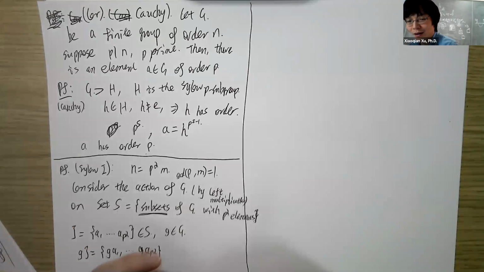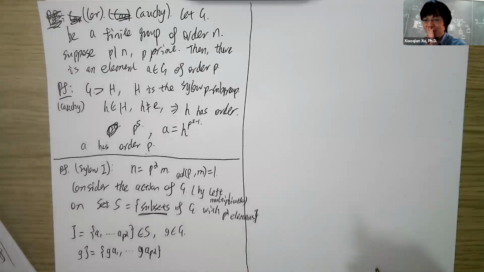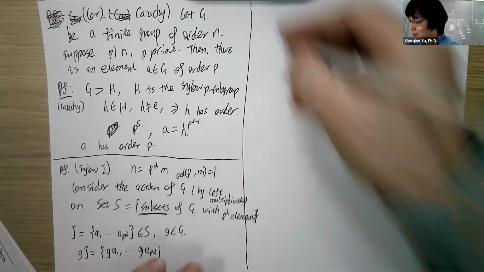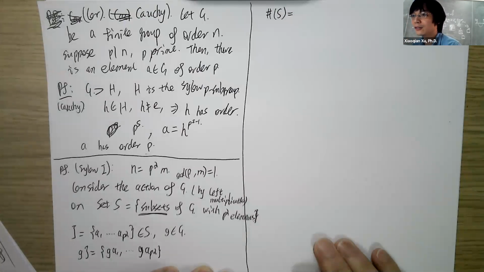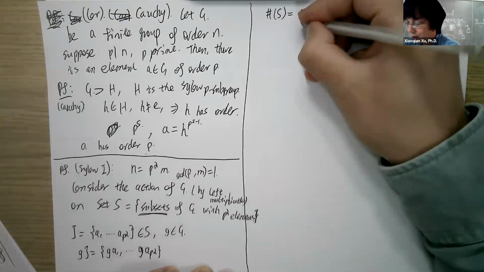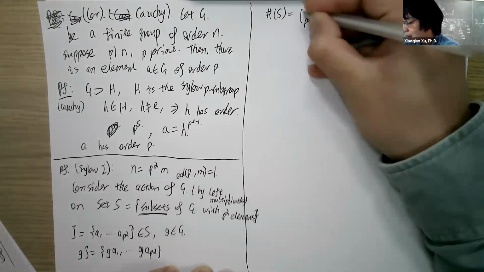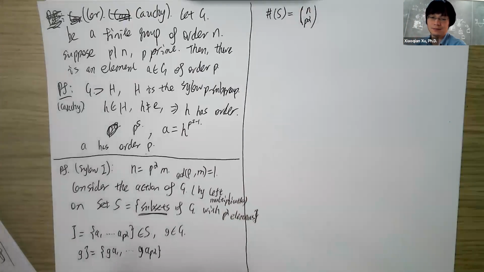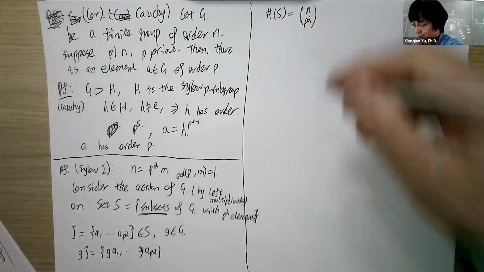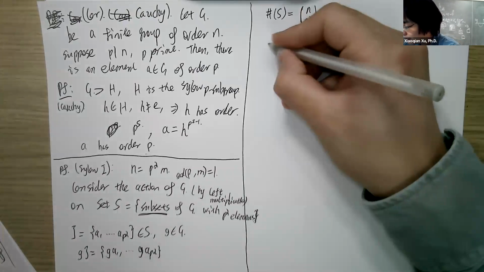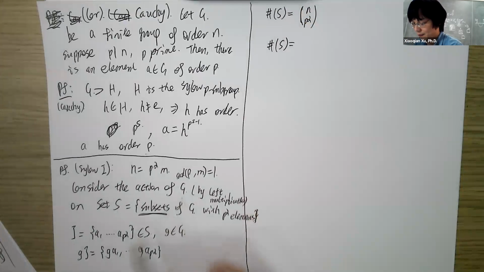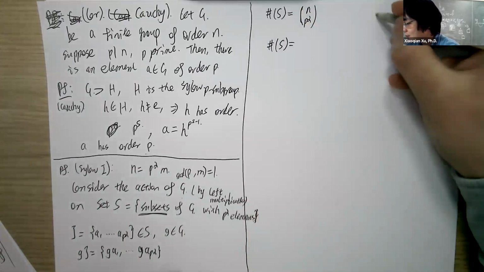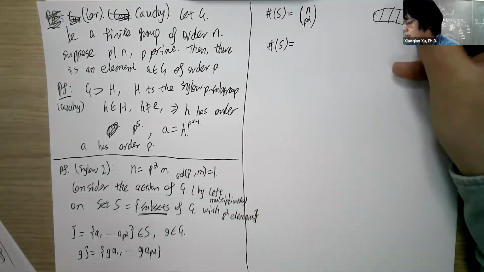First, we know that the total number of elements of this set is n choose p to the alpha. We also know that if we use a group action on this set, we separate this set into different orbits.